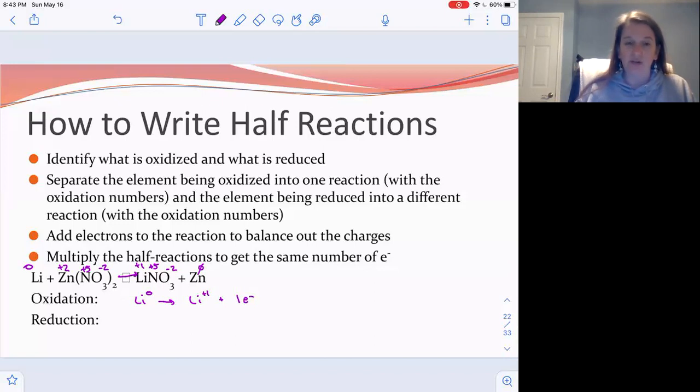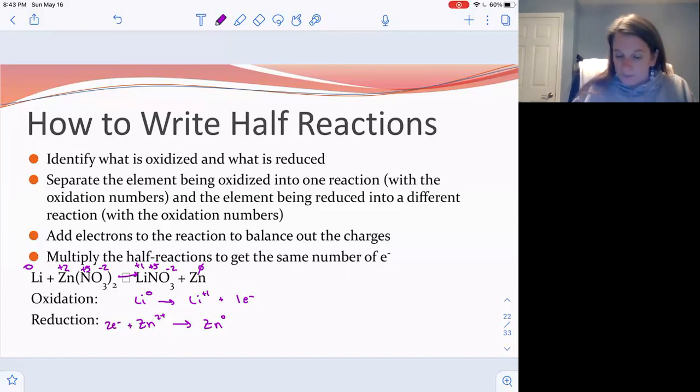And then we're going to write our reduction. So we've got zinc with a +2, and then we have zinc with a 0 oxidation state over here on the product side. So where are we going to put our electrons? We're going to put them on the reactant side to balance out those charges, and we're going to put 2 electrons.